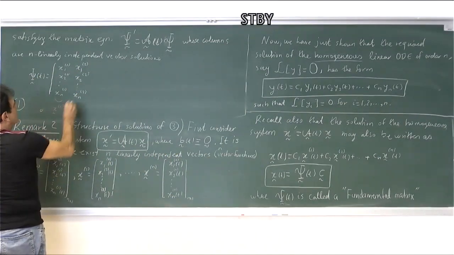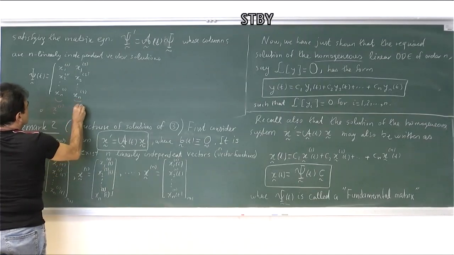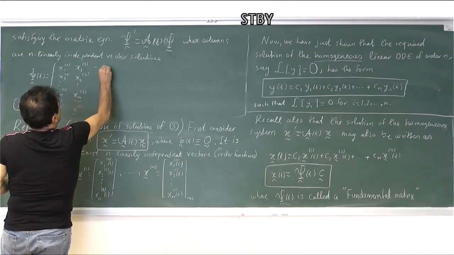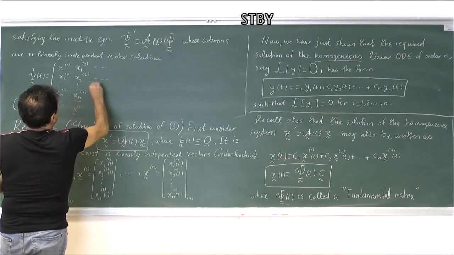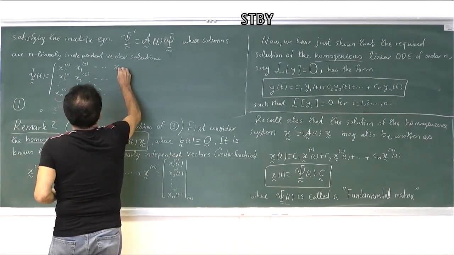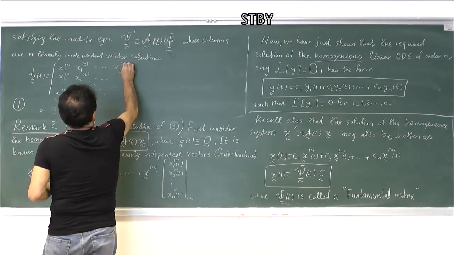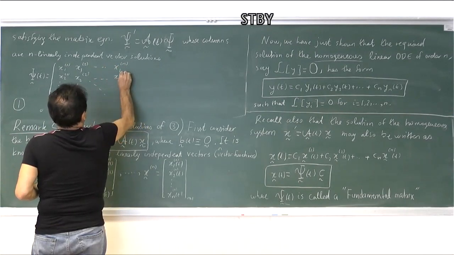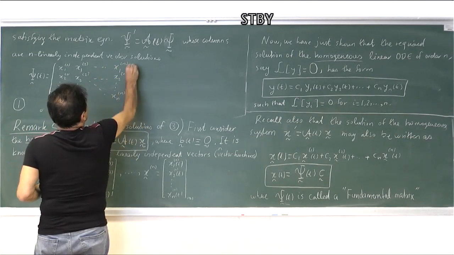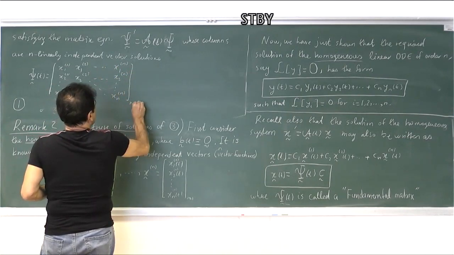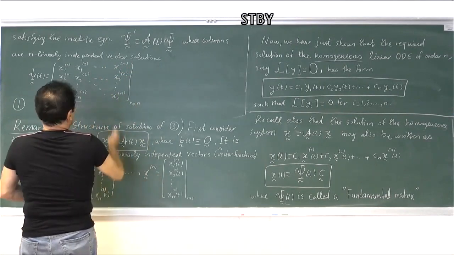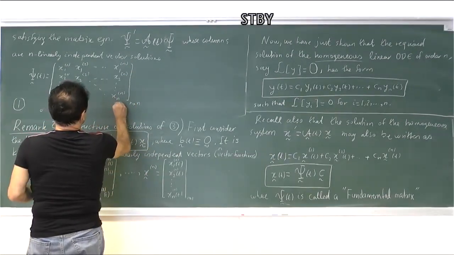That is, it is the second vector solution. And continuing in this way, the last column is x1,n, x2,n, xn,n. Okay? That is the last vector solution.